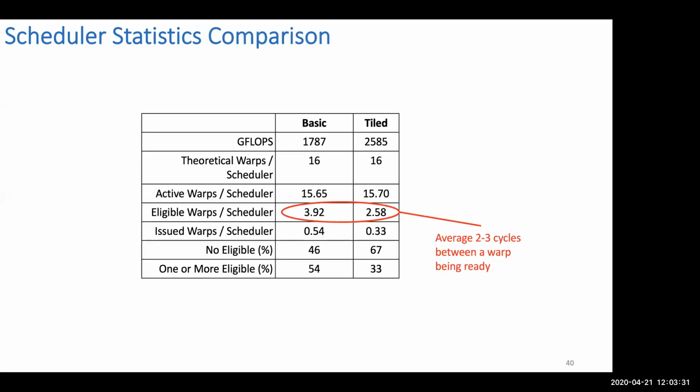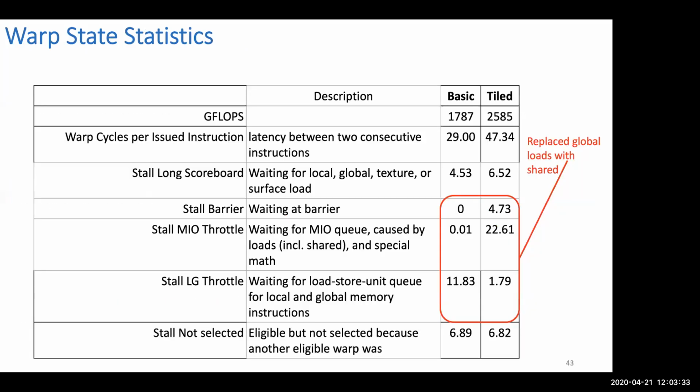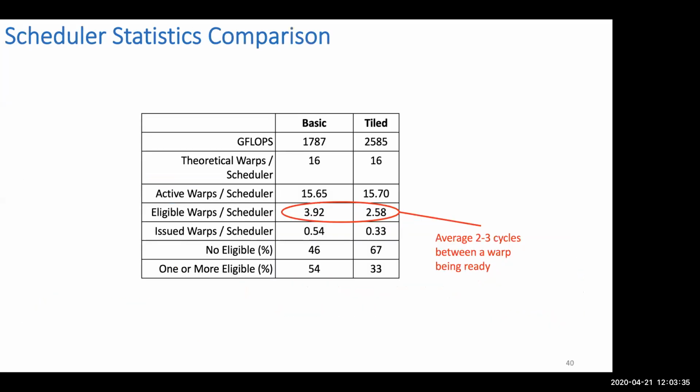I think I was going to possibly get to this, but I'm not 100% sure, I think the tiled warps spend most of their time sitting, other than waiting for specific loads from shared memory.